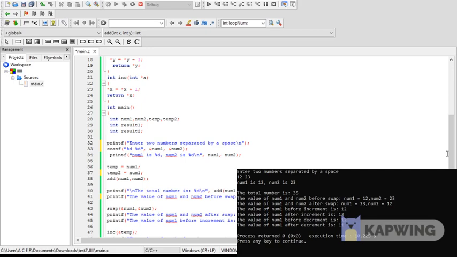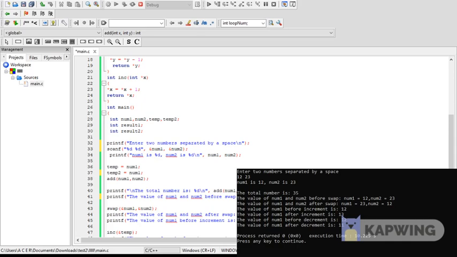So here, the input will show: enter two numbers separated by space. So we can see from the output here, enter two numbers separated by space. So I enter the numbers, for example, 12 and 23.